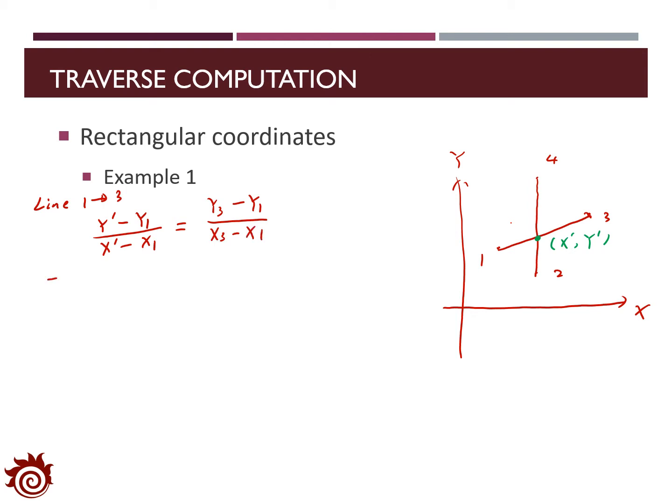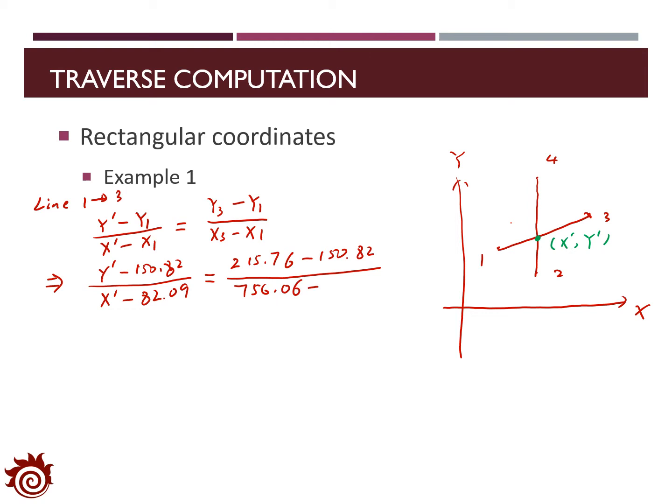This is equivalent to y prime minus 150.82 divided by x prime minus 82.09 equal to y3, which is 215.76 minus 150.82, divided by 756.06 minus 82.09. So that's for the line 1 to 3.